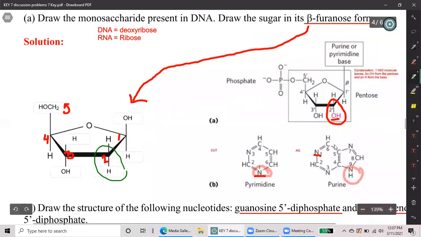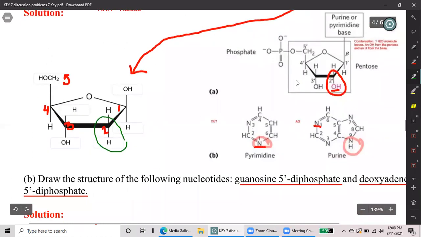So I just included a picture from your book here to help you remember, like for nucleotides, you have your base, so it could be A, T, G, C, or U, and then you have your sugar, depending on whether you have deoxyribose or ribose, and then you have your phosphate group, okay?